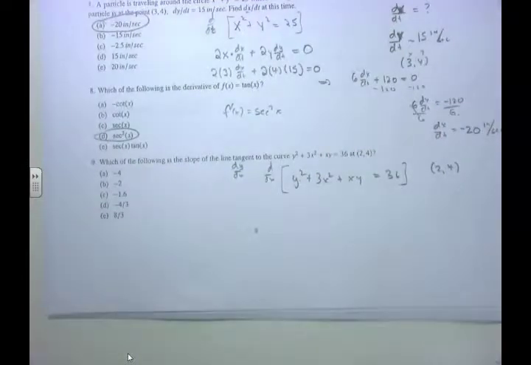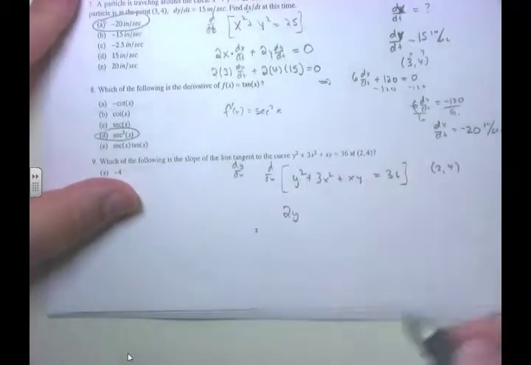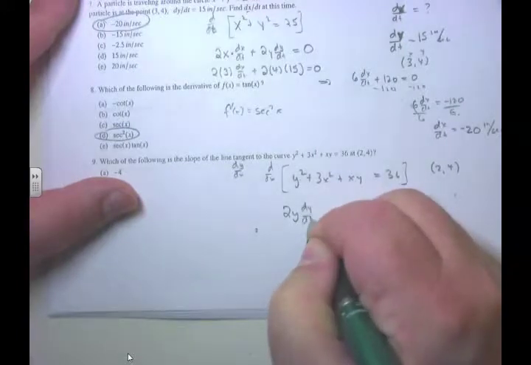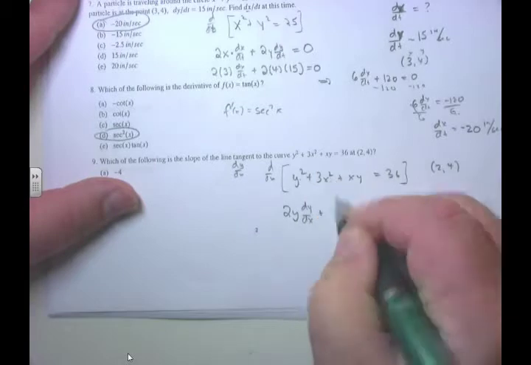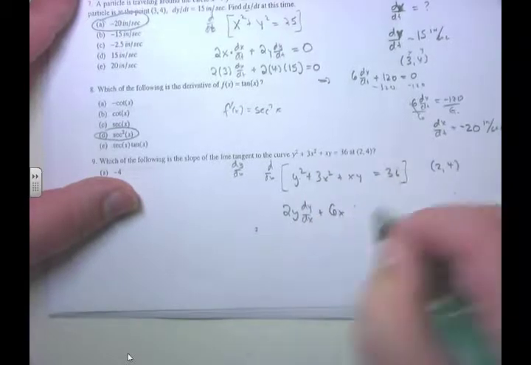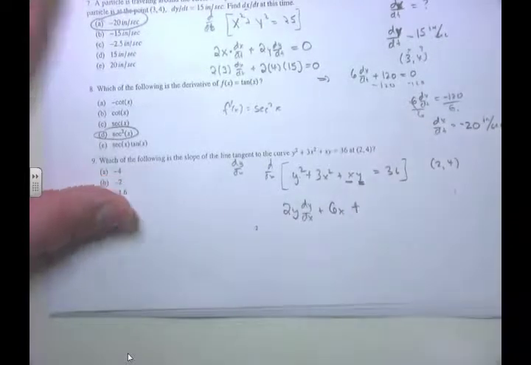When you take the derivative of x's, x's work fine. When you take the derivative of y's, you've got to tack on times dy dx. So what's the derivative of y squared? 2y, but then times dy over dx because it's a y variable. Plus what's the derivative of 3x squared? 6x. That's good because that was an x. How do you take the derivative of x times y?